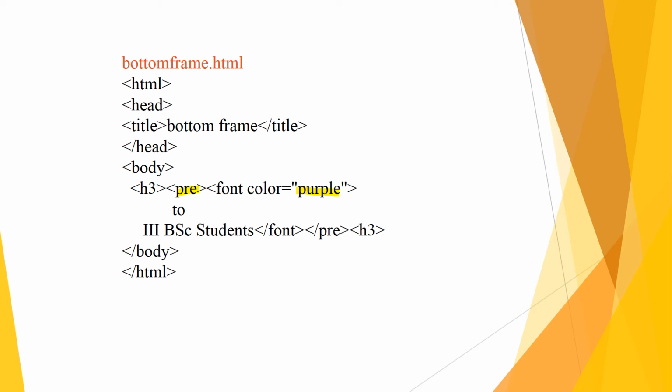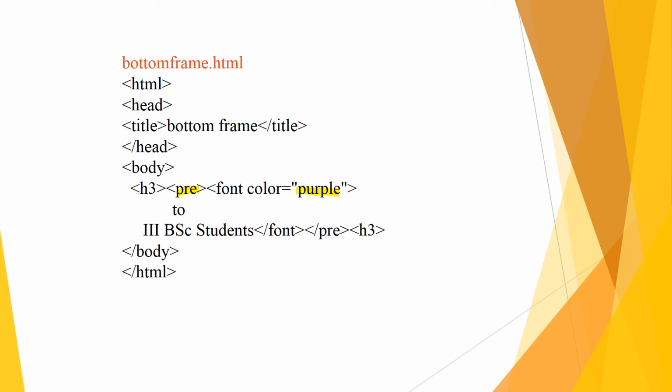What is the use of the pre tag? It will display the content in the browser how you have written it, and it will not display it in the same line. How you write, it will display like that only. There are no changes if we use the pre tag.